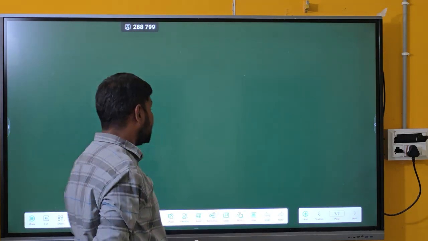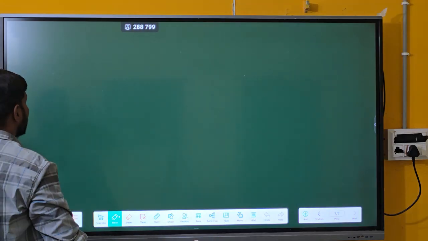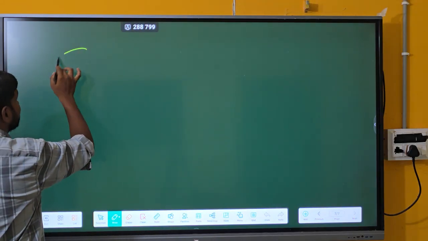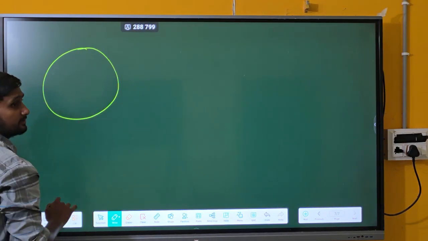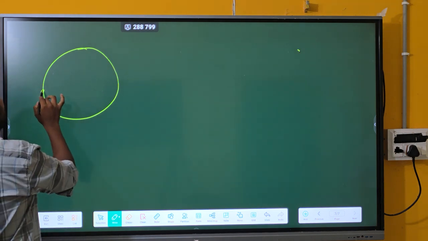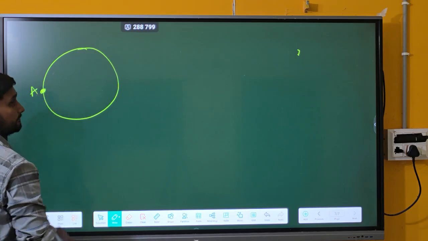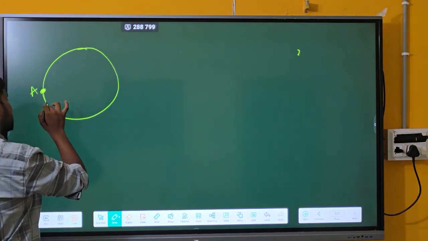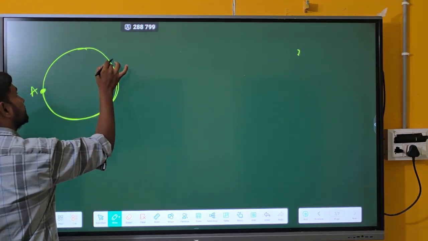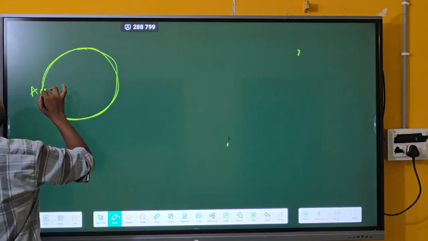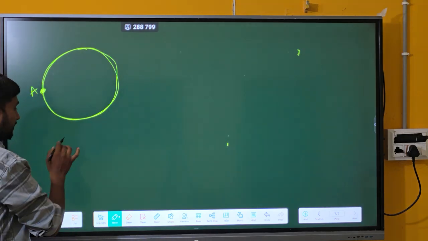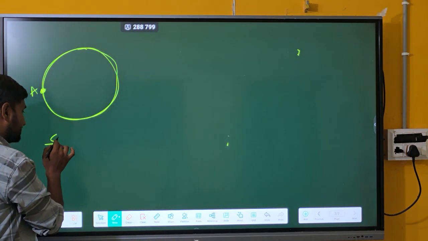Next, another example. If a body travels in a circular direction, it starts the motion from A, travels in circular motion, and reaches the same position. So what is the distance of the body?